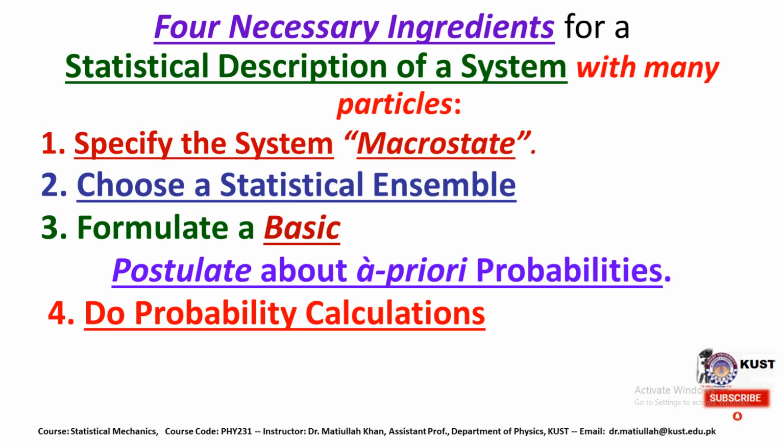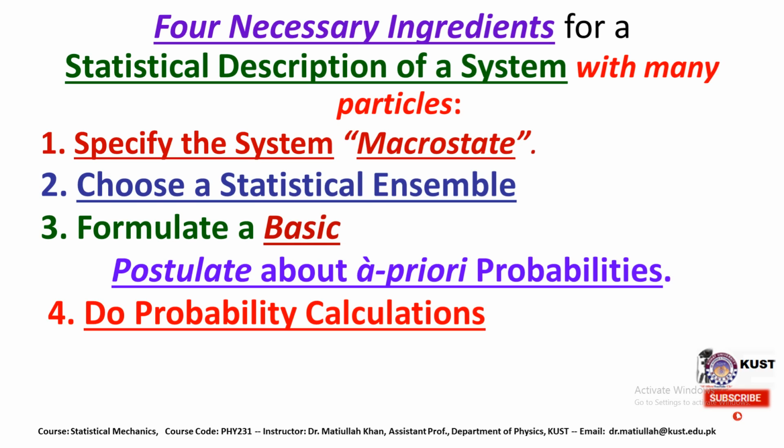We also need to know whether the particles are distinguishable or indistinguishable, and correspondingly we can do the calculation. If we have the same set of particles and they are distinguishable, then the possible microstates increase. If the particles are indistinguishable, then the number of microstates for that system reduces, and correspondingly the probability will increase.